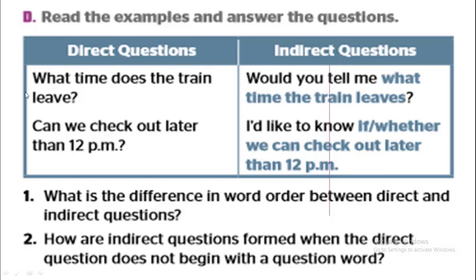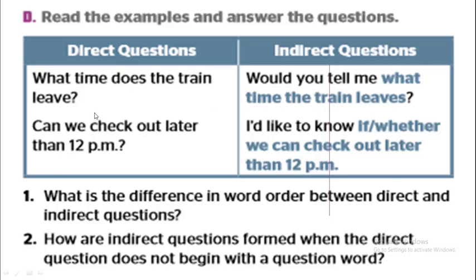Let's focus on the first questions, both direct and indirect. What time does the train leave? Its indirect counterpart will be, would you tell me what time the train leaves?